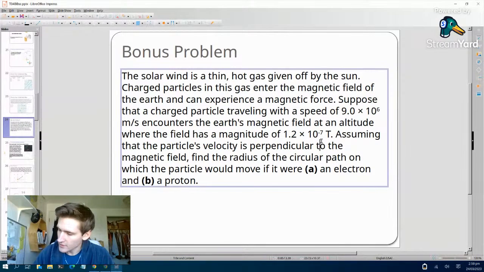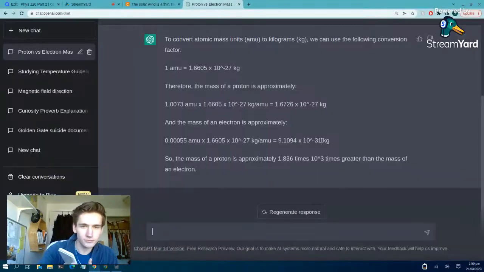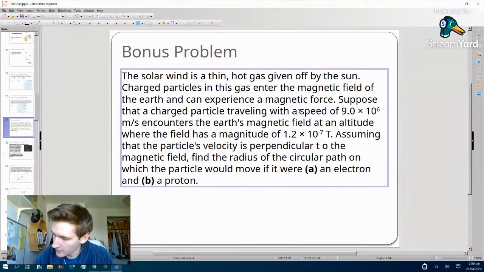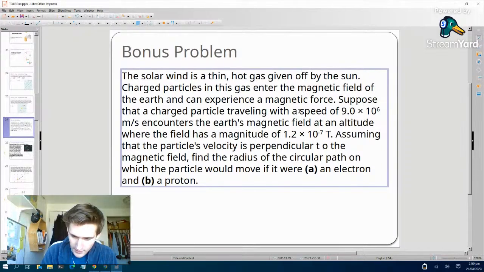If we did this right, the radius for a proton should be 7.82 times 10 to the 5.